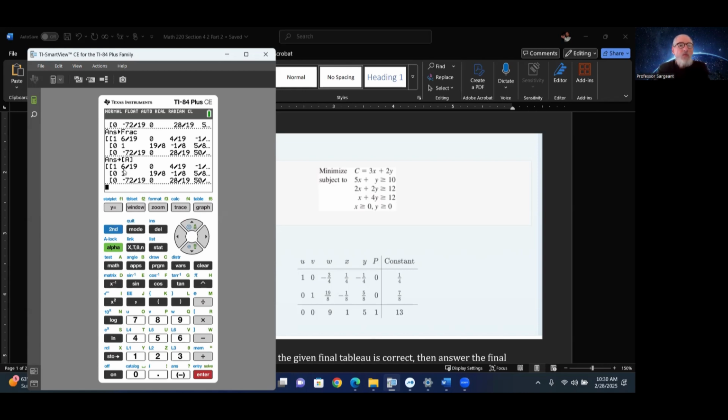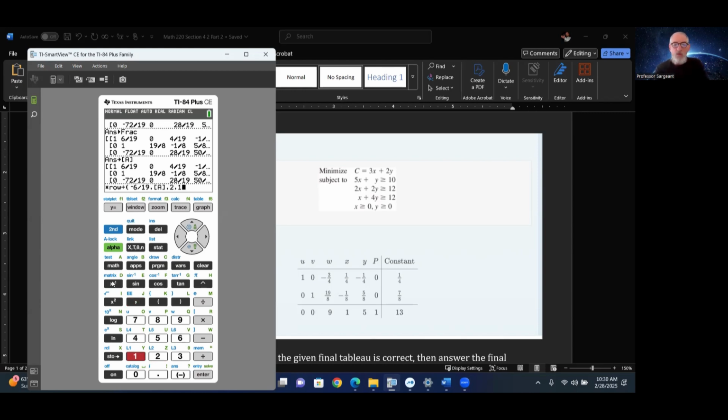Then in that same column, we will multiply row 2 by negative 6/19 to make that 6/19 into a 0. We're doing this in matrix A. Then more specifically, row 2 is doing the changing.